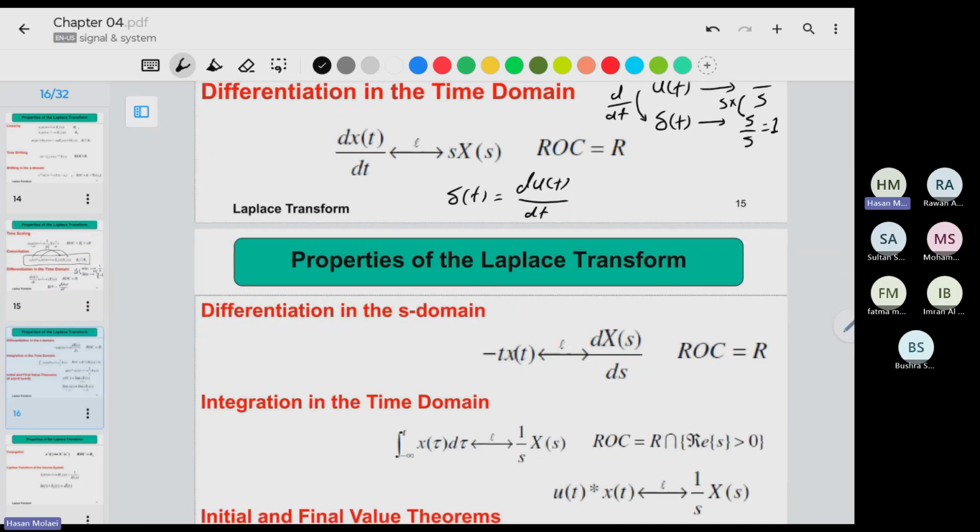If we do differentiation in S domain, we need to multiply the signal in time domain by minus t. They're kind of dual. For example, t e to the power of minus t u(t).